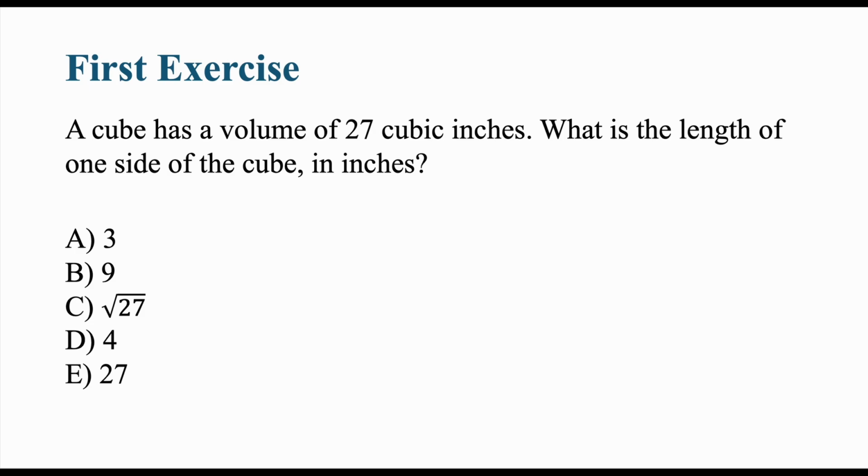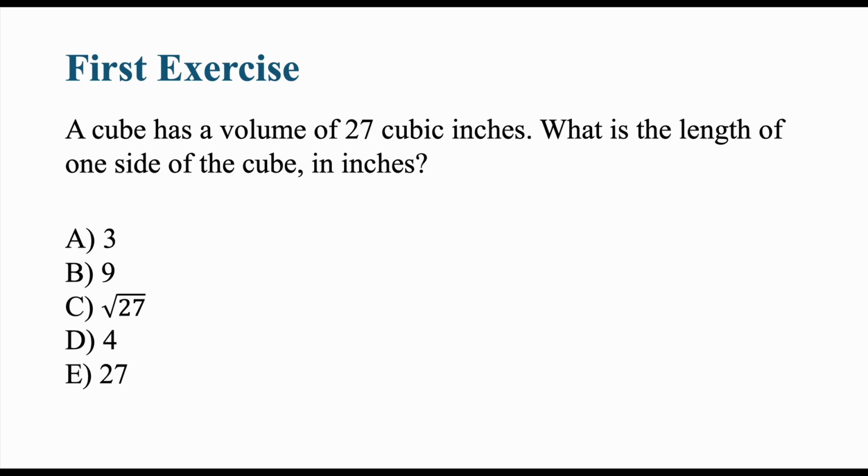You know how to calculate the volume of a cube. It's the length times the width times the height. And since for a cube all three lengths are the same, because that's the definition of a cube, we can say the formula is a to the power of 3, which is the volume of the cube.